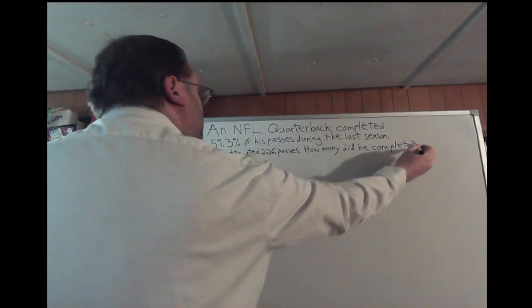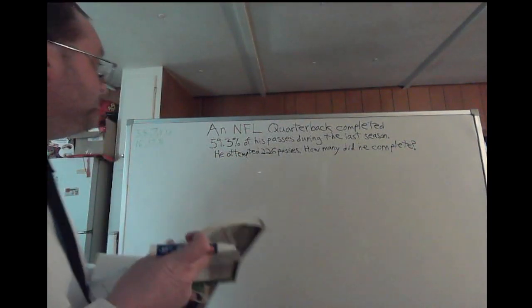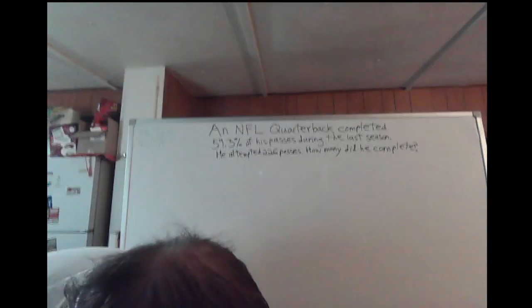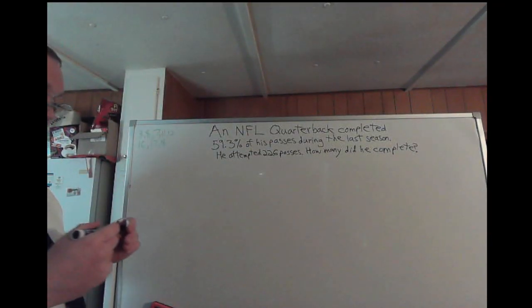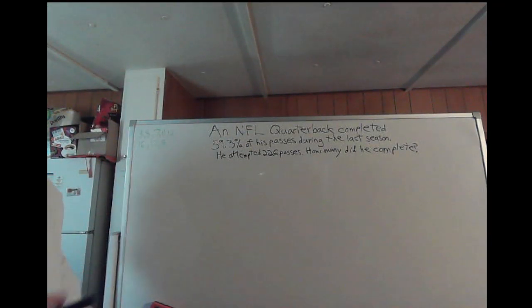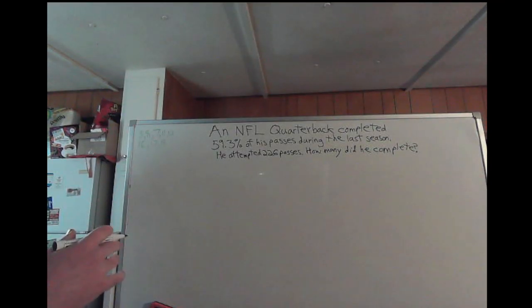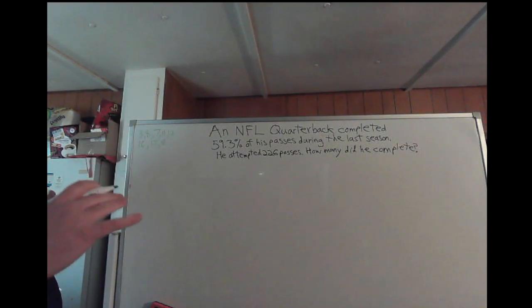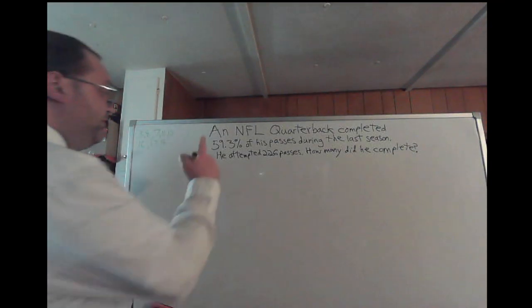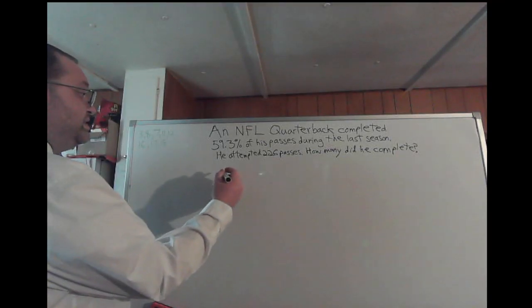Alright, so let's read that problem here. We have an NFL quarterback completed 59.3% of his passes during the last season. He attempted 226 passes. How many did he complete? So, read this, figure out what you need. You have 59.3%.